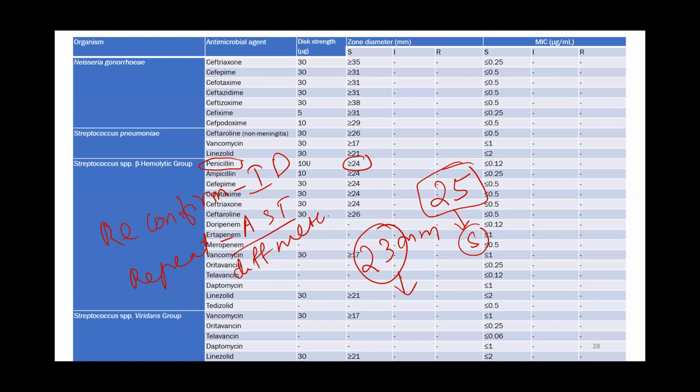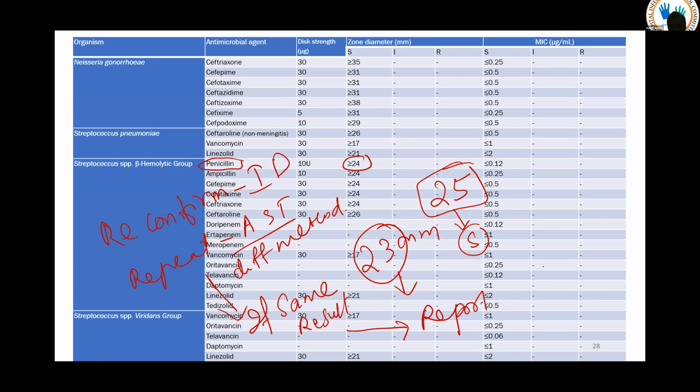If the same result is found, outside the susceptible range, then you report it as NS.